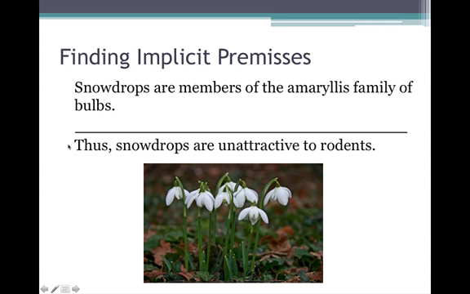Well, the answer is going to be that you have to say something about the relationship between members of the amaryllis family of bulbs and their unattractiveness to rodents. If it's the case that no members of the amaryllis family of bulbs are attracted to rodents, i.e. all of them are unattractive to rodents, that would supply the appropriate sort of connection.